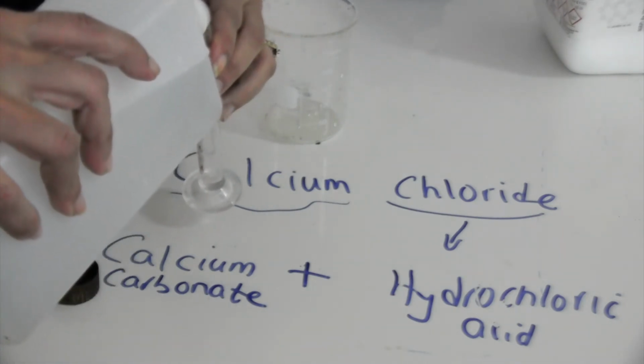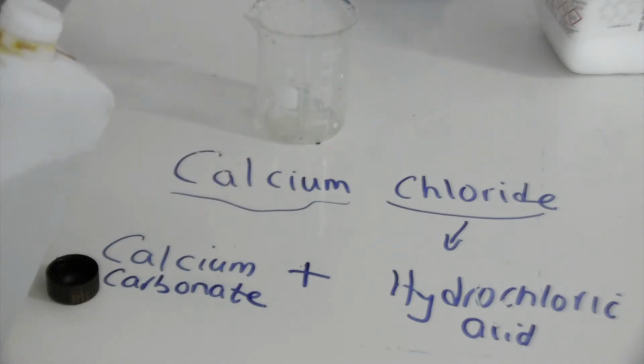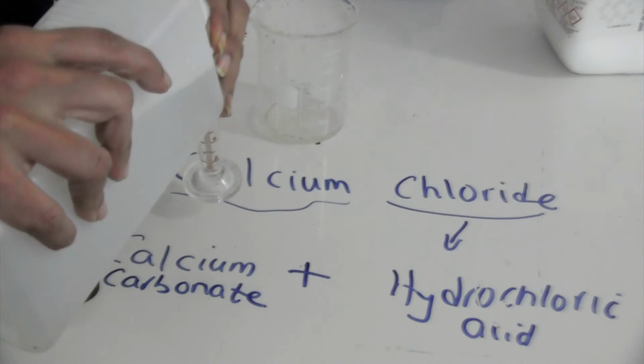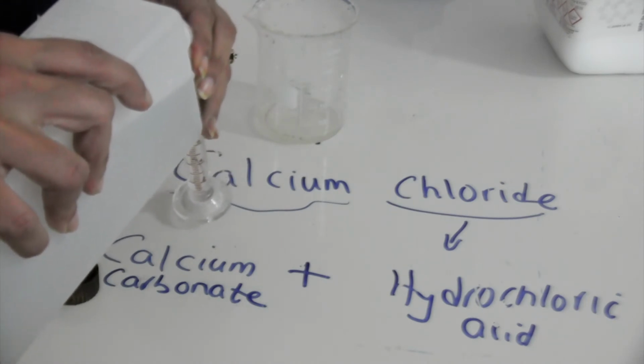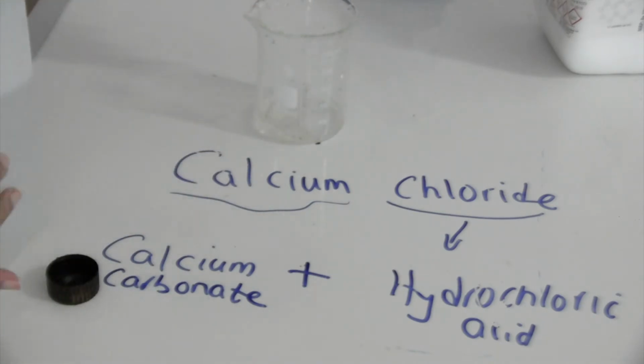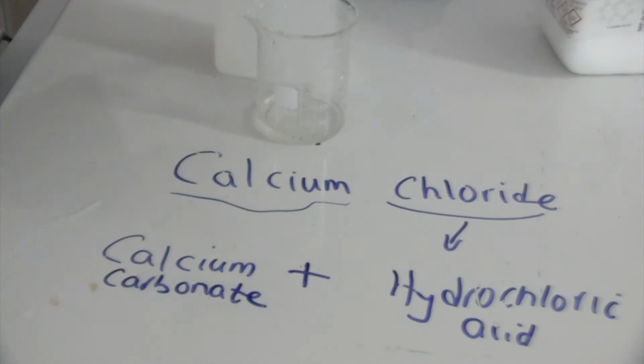This measuring cylinder is only 10, so I'm going to do it 2 times. So this one, so 1, and then 2. I have 20 cm³ of my hydrochloric acid in there.